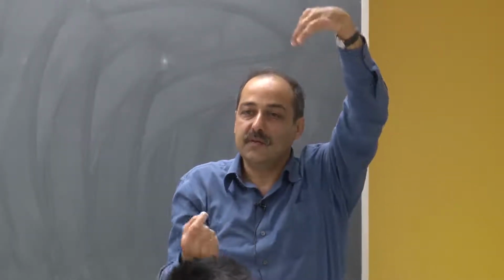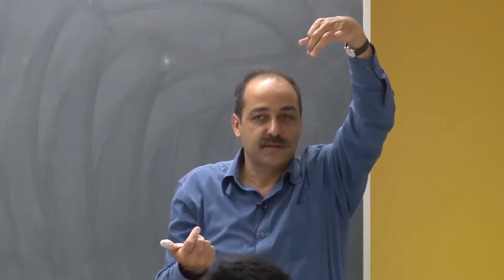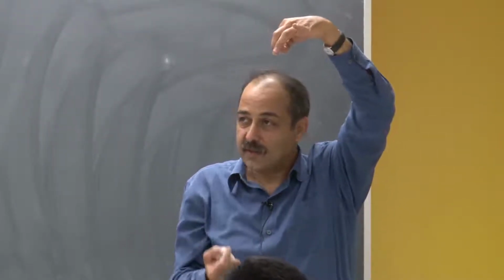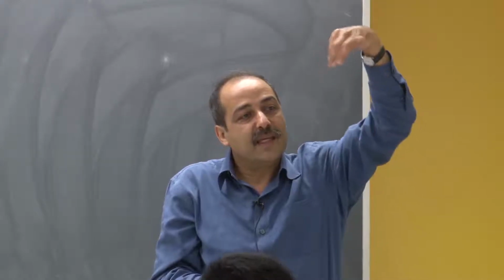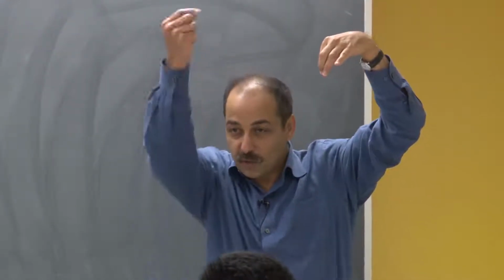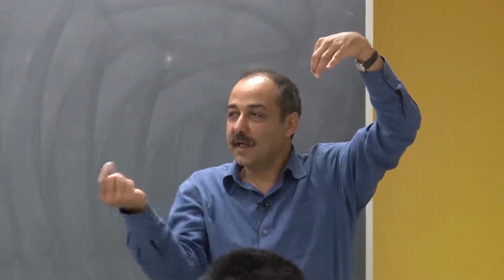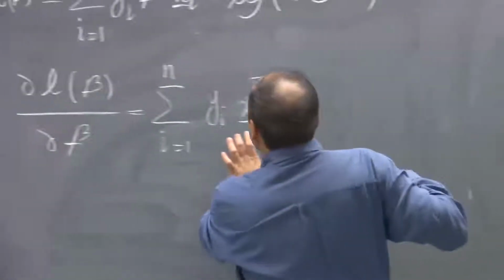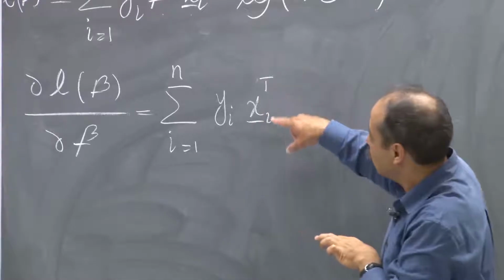So it's a vector of d. A derivative of a scalar with respect to a vector is a vector. The derivative of a vector with respect to a vector is a matrix. I have a vector of d, I take the derivative with respect to another vector of d. Any element of this vector changes, the whole vector will change. So there's d squared directions of change. Okay? So this is a vector. But we have to be very careful whether there is a transpose here or it is xi.